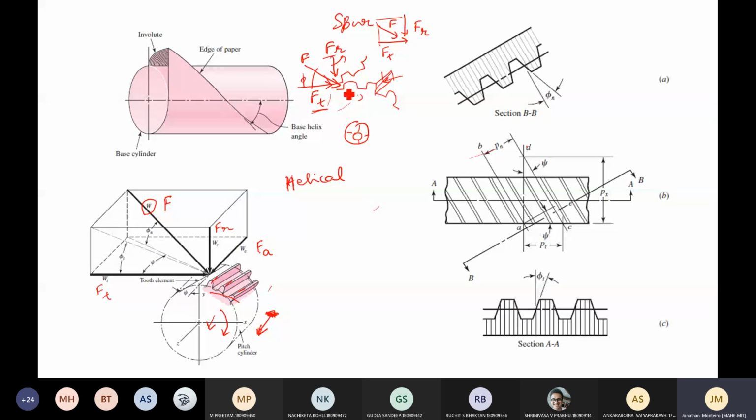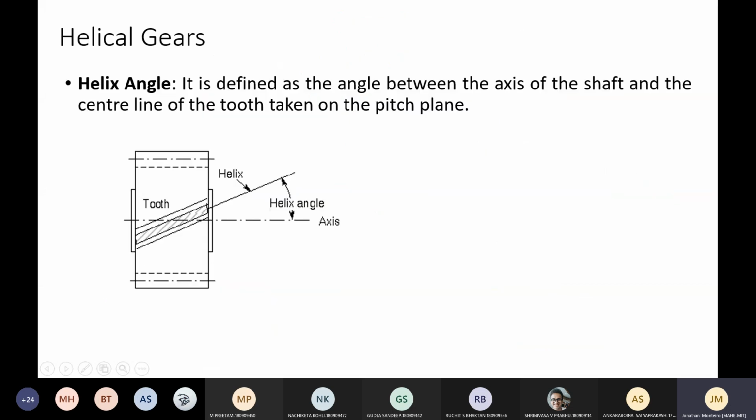When it comes to helical, since the tooth is already at an angle with respect to the axis, that angle is called the helix angle. So very important, what is a helix angle? Angle between the axis of the shaft and the center line of the tooth taken on a pitch plane. And this helix angle, different textbooks and different data handbooks have different nomenclature.